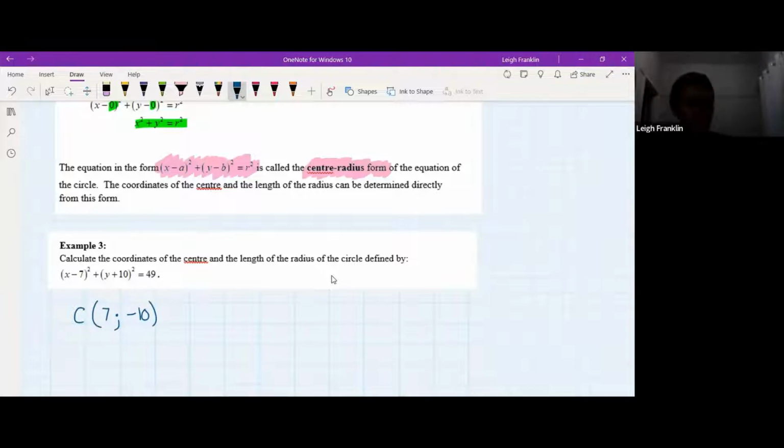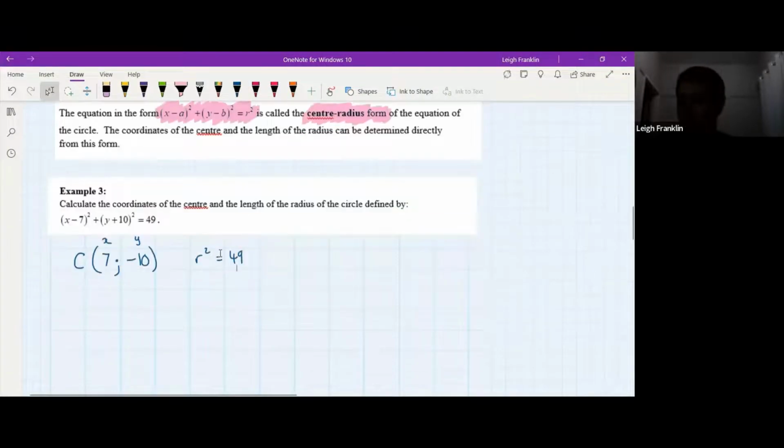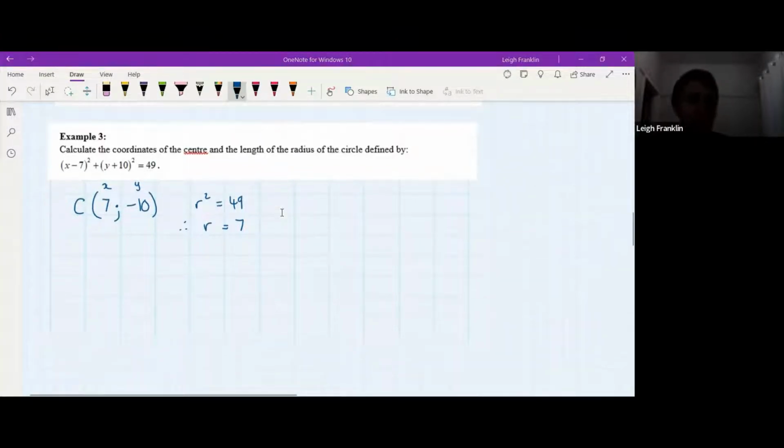That's the x coordinate at the center, that's the y coordinate at the center. If r squared is equal to 49, remember r is always a positive quantity because it's a distance, so the length of the radius is going to be 7 units in this case. Okay, easy enough there as well.